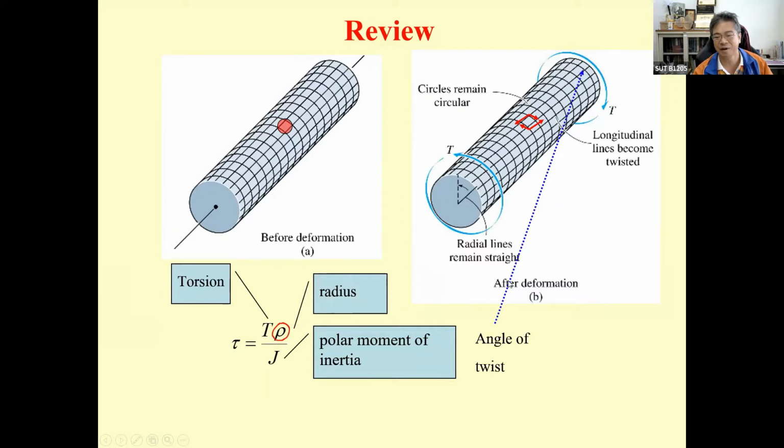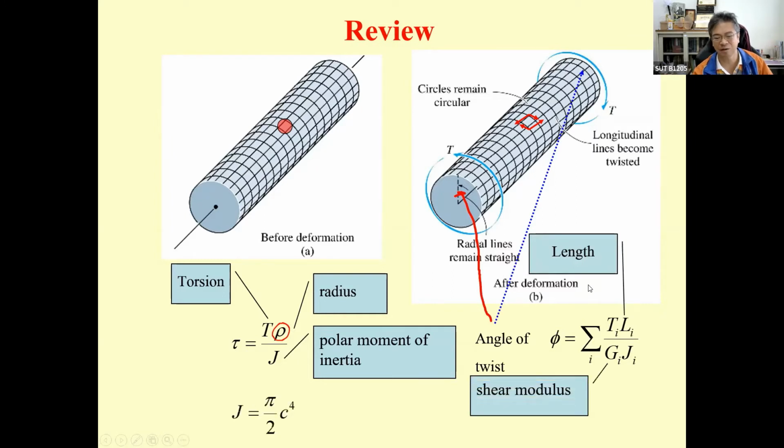And then we're going to use the angle of twist again. The angle of twist can be determined from torsion times length divided by shear modulus of elasticity and polar moment of inertia. Sometimes we have to put the summation in front of it if the shaft is combined with different cross sections or different materials, and then just do the same thing.